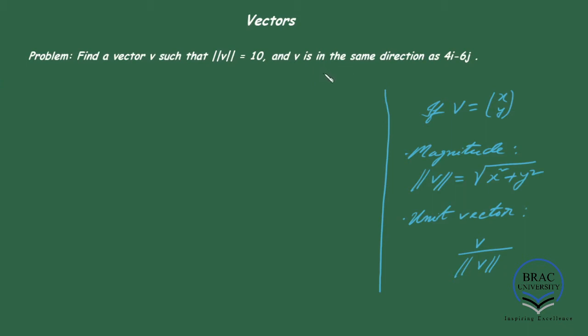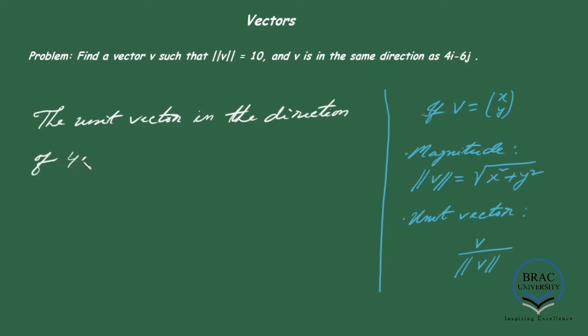We're going to be using these ideas right away. So what we wanted to do at first is to calculate the unit vector in the direction of 4i minus 6j. So let's do that. The unit vector in the direction of 4i minus 6j is the vector 4i minus 6j divided by its magnitude.